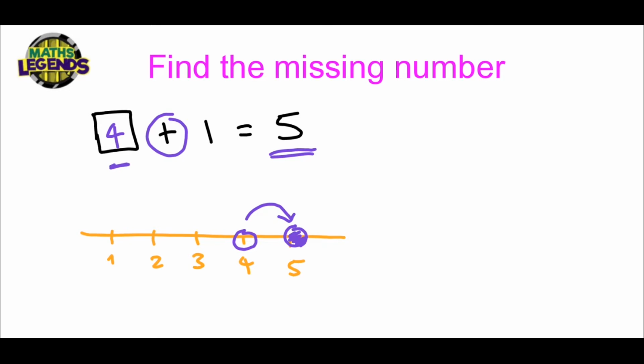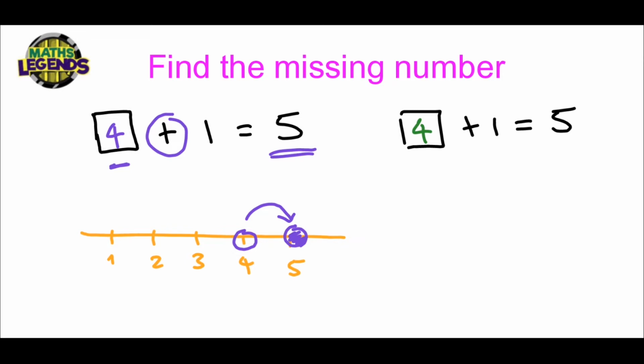Another option for the same question, square box plus 1 equal to 5, is we can try some numbers. So we want to add 1 to something to make it equal to 5. So we know the number must be less than 5. So let's try, say, 3. Does that work? 3 add 1 is 4. Doesn't work. And we're trying to get to 5. So we need something bigger. So the next number here would be 4. Now 4 plus 1 gives you 5.